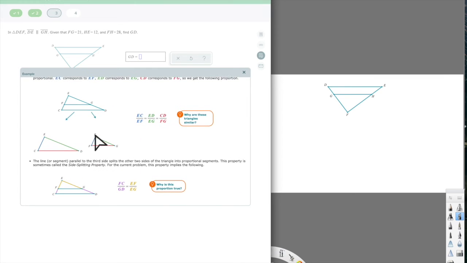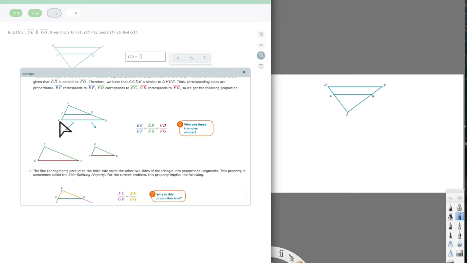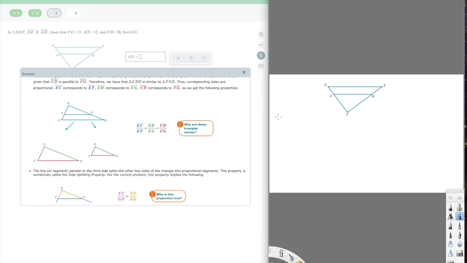So EC, which is the whole side, and EF, which is the portion, ED, whole side, EG, which is the portion, and then we have CD, which is the whole side, and FG, which is the parallel line. So it's kind of whole side to, I'm going to say top segment.